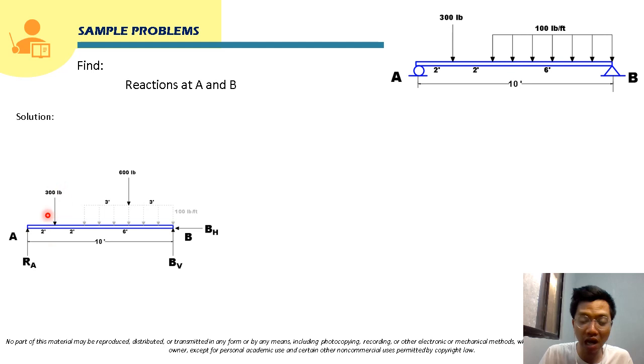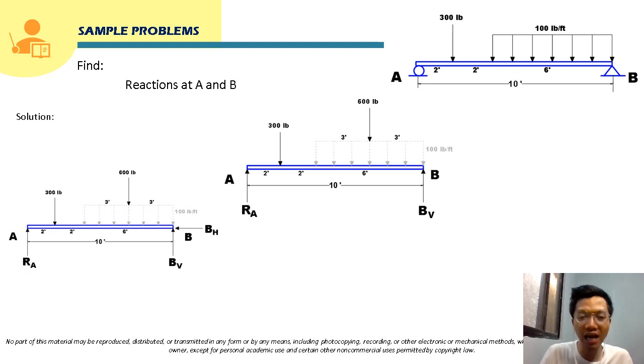Both loadings here are vertical forces, and there's no other reaction force that is horizontal. So if we sum up forces horizontal, this BH will just be equal to 0. So we can say that BH is equal to 0. We can remove that now from the free body diagram of our system.